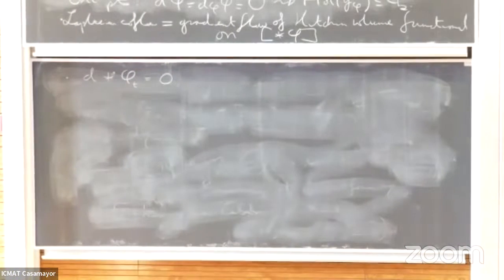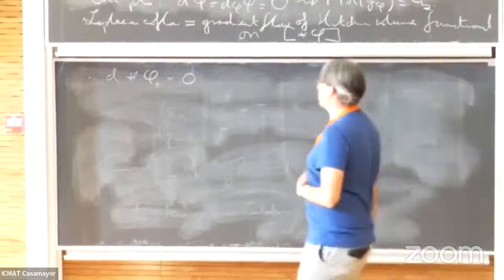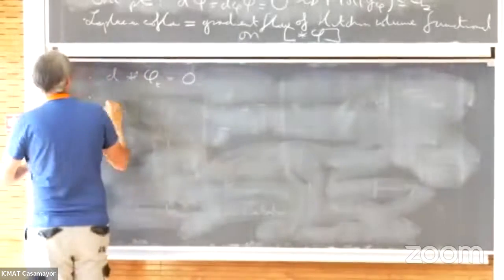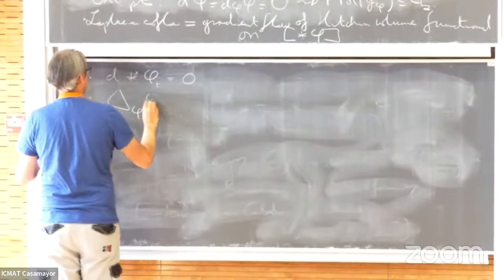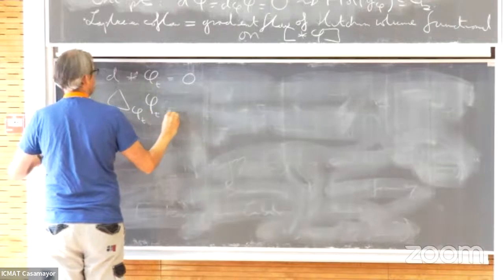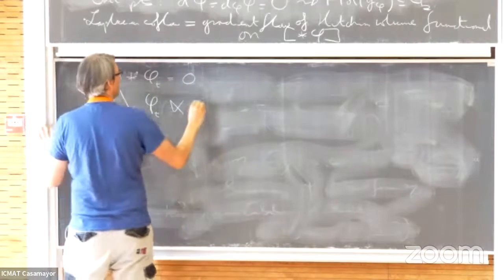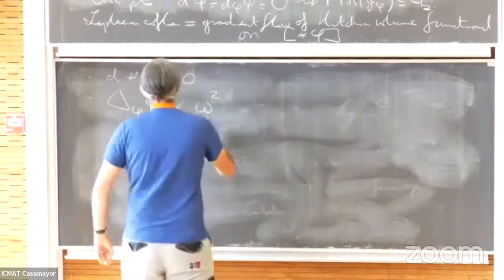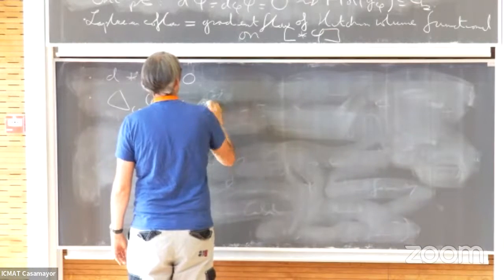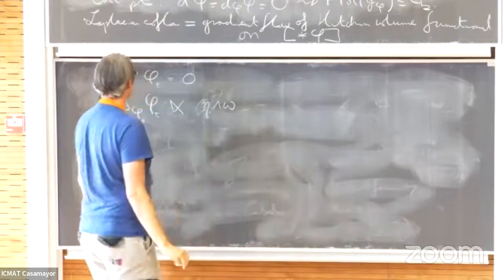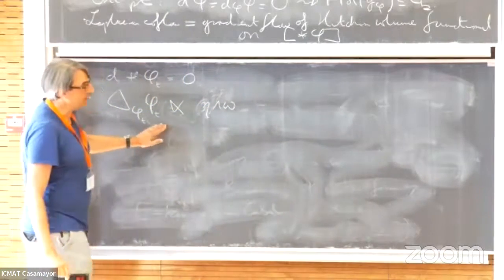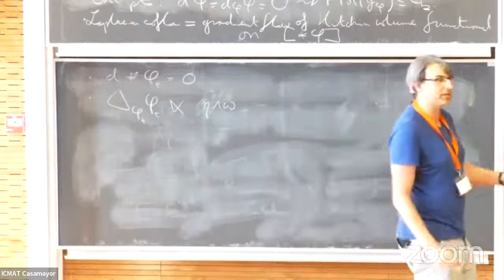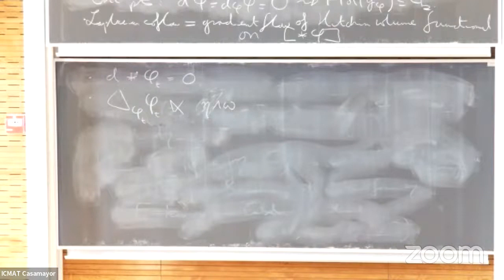And if you compute the Laplacian of phi_t, it's proportional to omega squared, and so that means proportional to eta wedge omega. And so this ansatz is preserved because it's only moving in this direction. So only this thing is changing.